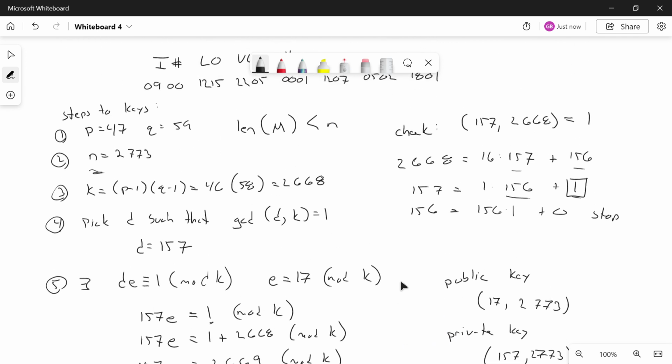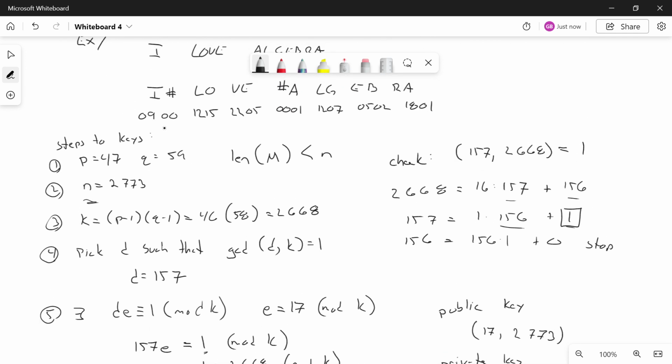So what we're going to do now is take each of these messages. We'll call this M sub 1, M sub 2, M sub 3, 4, 5, 6, and last but not least 7.